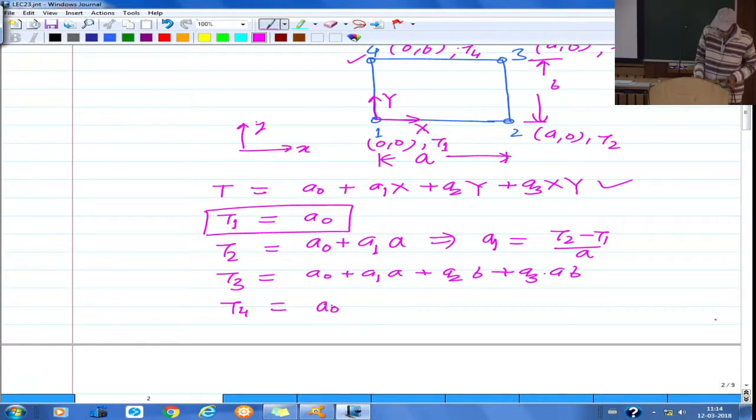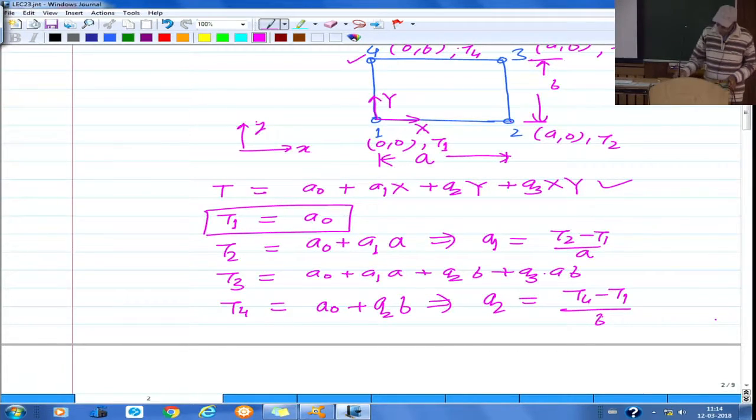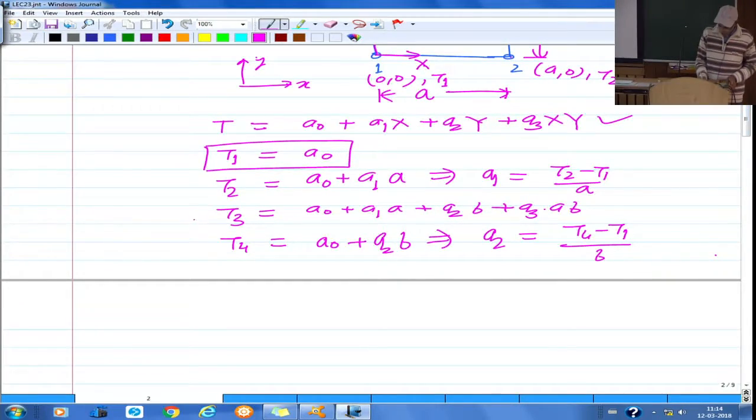So that comes as A0, plus x is 0 so the first term goes to 0, plus we will have A2 into B. So you can write that A2 is equal to T4 minus T1 divided by B. And once you have got this, from the T3 equation you can now write the expression for A3.